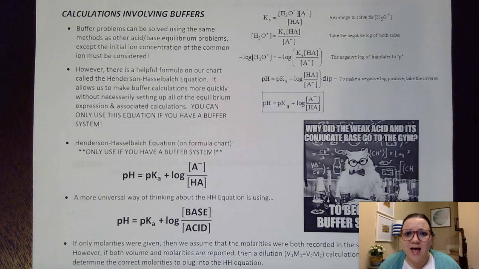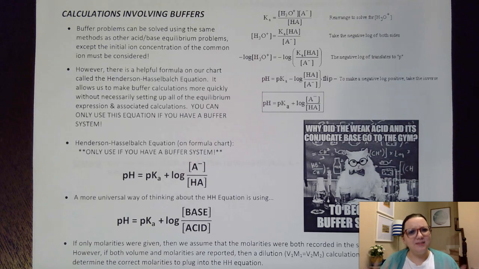Then you could use X to show the changes that are occurring. If you had a weak acid, you could use a Ka expression to solve for the hydrogen ion concentration. If you had a weak base, you would use the Kb expression to solve for hydroxide. And then once you have those ion concentrations, you can solve for pH. And that would work beautifully.